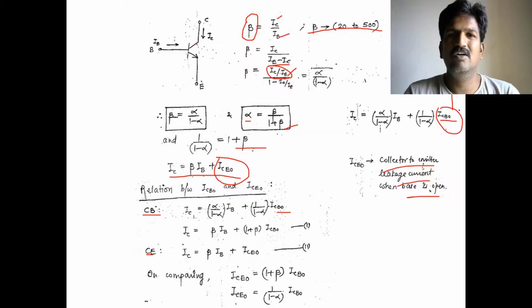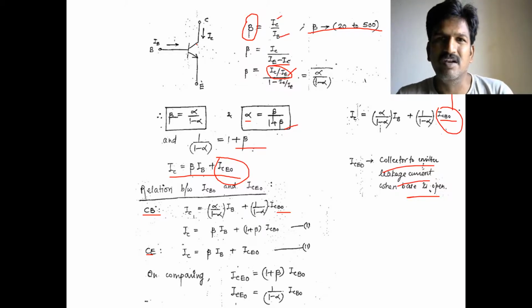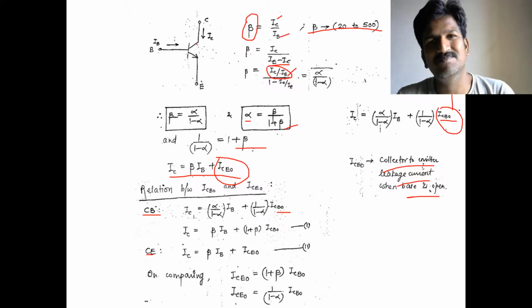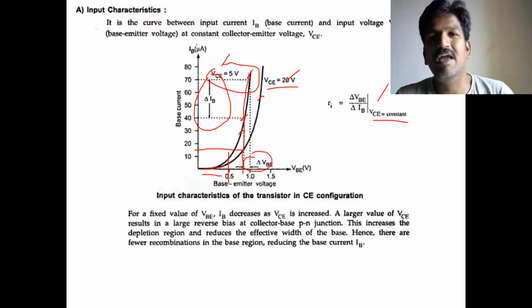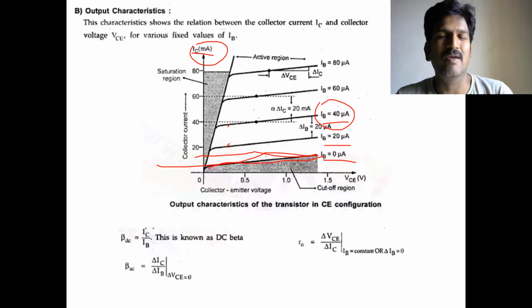According to the relation, beta is equal to IC divided by IB, so IC is nothing but beta into IB. How much is the beta? It varies between 20 to 500, multiplied with IB. Then you can derive IC.